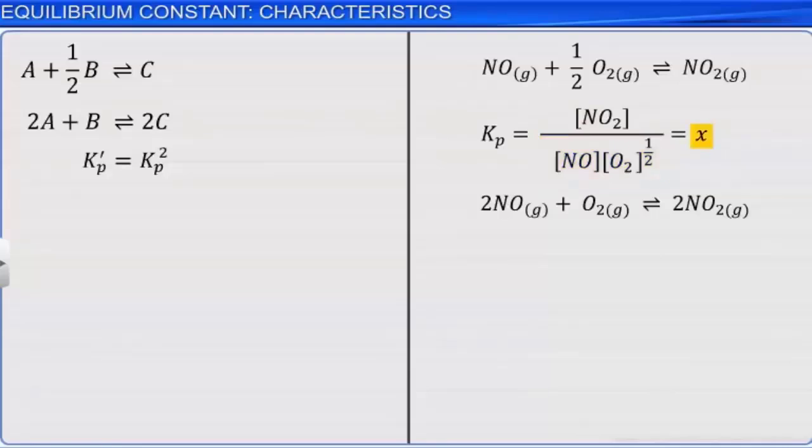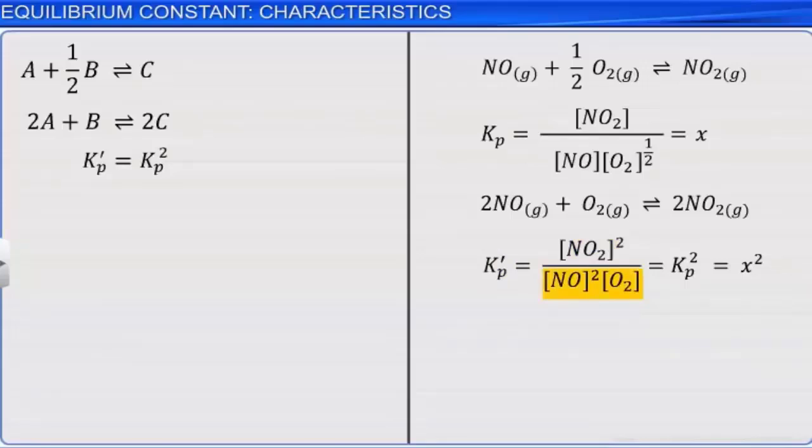The equilibrium constant for the reaction of 2 moles of gaseous nitric oxide and 1 mole of gaseous oxygen combining reversibly to form 2 moles of gaseous nitrogen dioxide may be written as Kp dash is equal to the concentration of nitrogen dioxide raised to the power of 2 divided by the product of the concentrations of nitric oxide raised to the power of 2 and the concentration of oxygen, is equal to Kp square, which is equal to x square.